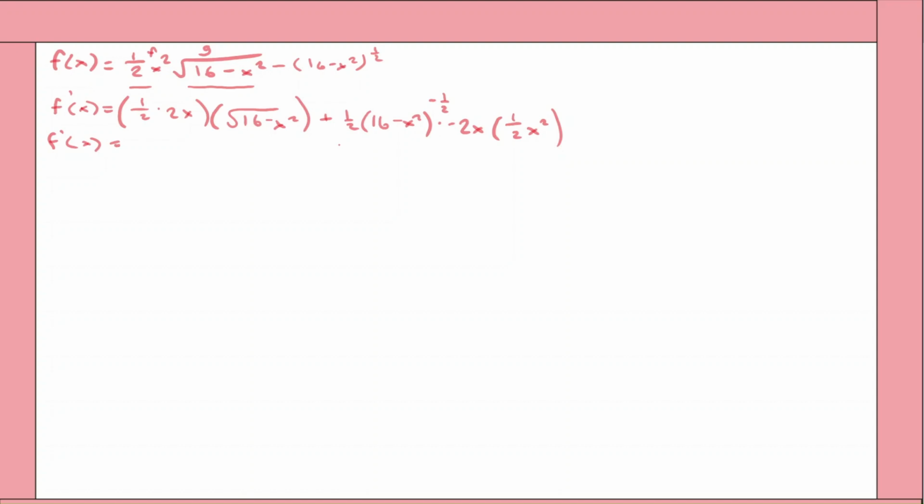Easily, the 1/2 multiplied by the 2 cancels, so we just have an x, multiplied by the root of 16 minus x squared, the same thing as before. And this negative exponent means it's on the bottom. So we'll put a 1 for now, even though there's stuff on top, and treat this as the root of 16 minus x squared on the bottom.